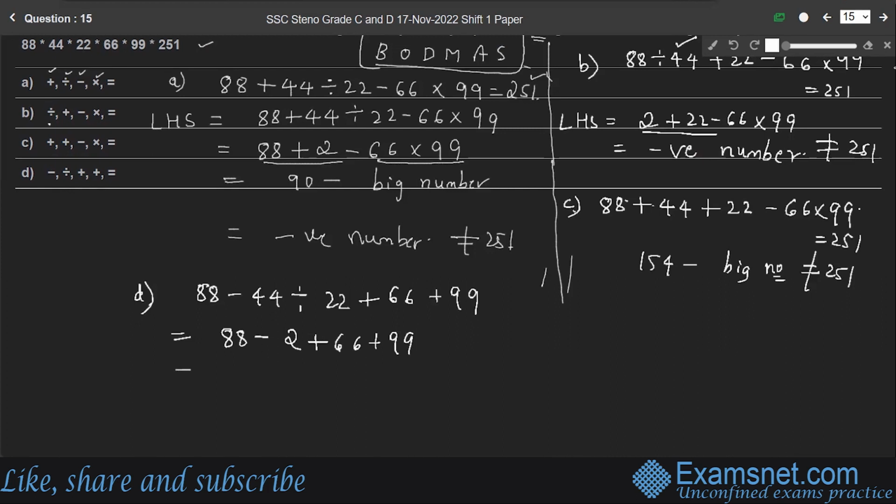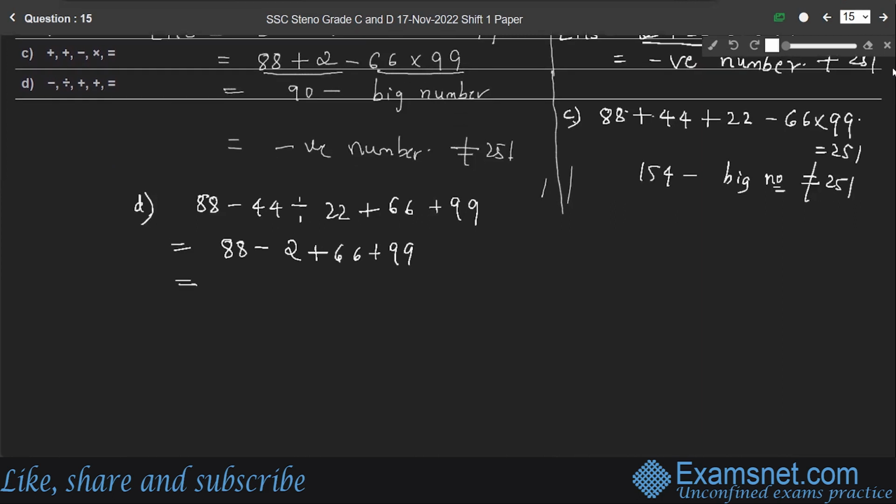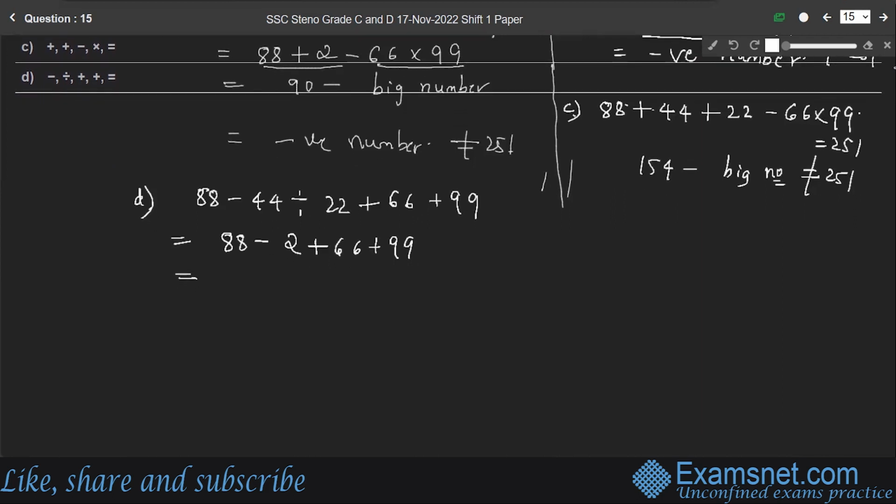So addition comes before subtraction, right, according to the BODMAS rule. So 88 plus 66 is 154, right? Plus 99, which is 253. 253 minus 2 is equal to 251, which is the answer, right? Which is the right hand side part.